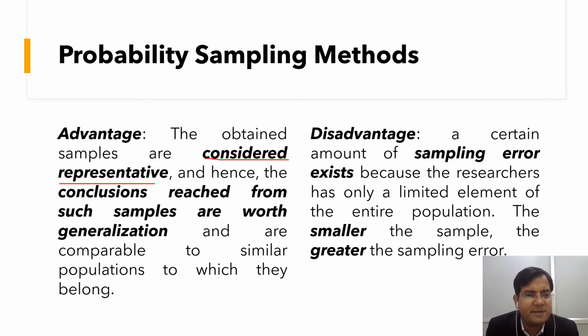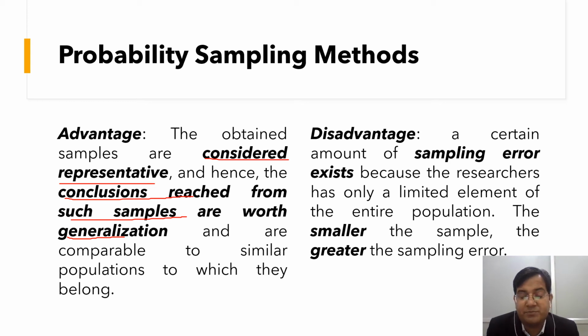So the conclusions reached from such a sample are worth generalizing to the similar population to which they belong. If the representation from the population is very good, obviously there is a chance we can generalize our findings to our entire population as well.